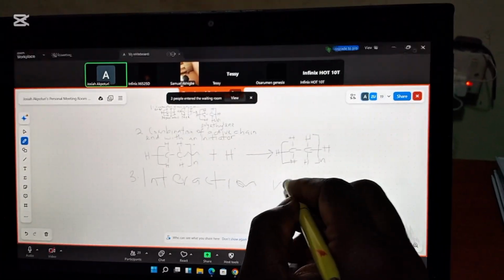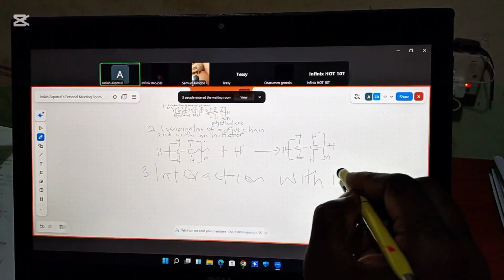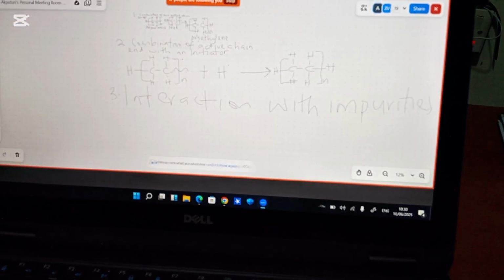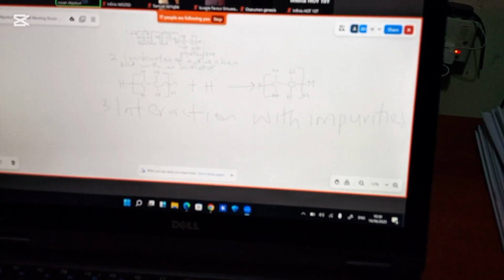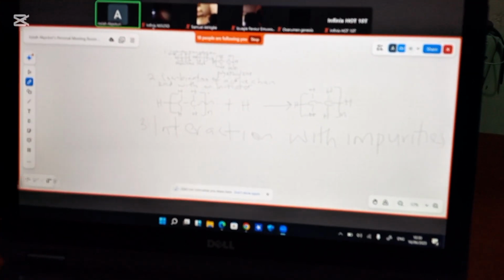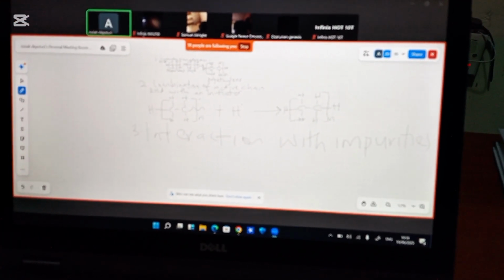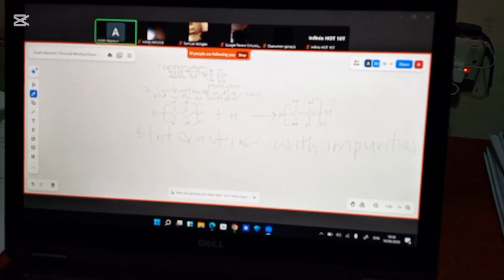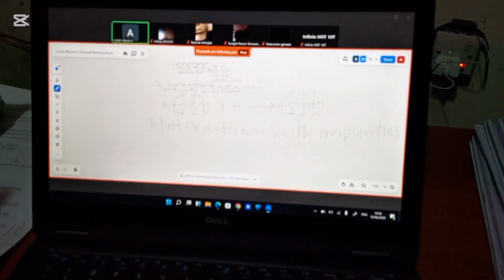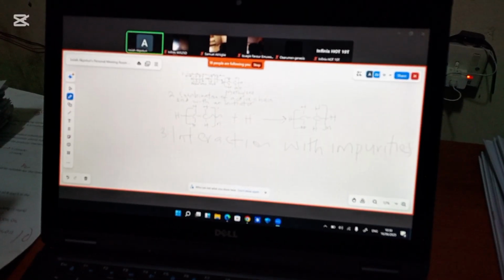With impurities, that is another way. When impurities are present, if the impurities are radical, then the polymer that is formed will have a terminal impurity. I will take that again.